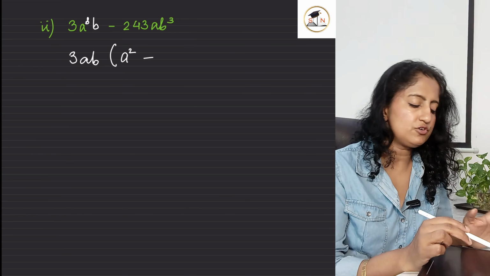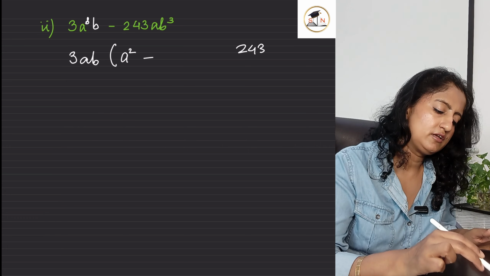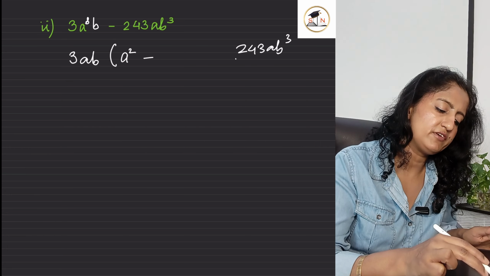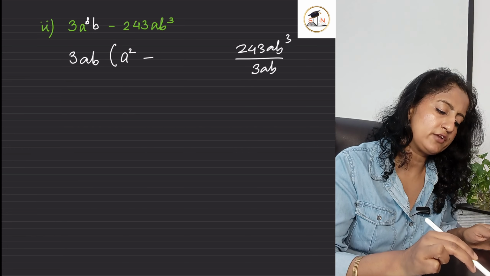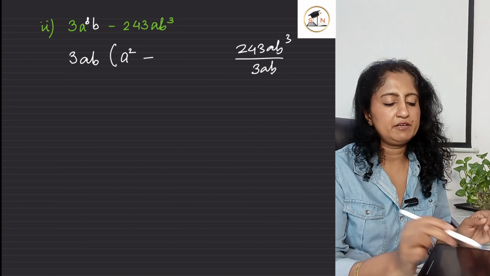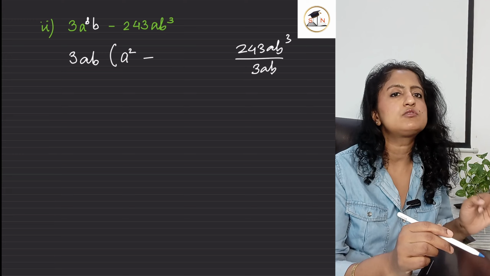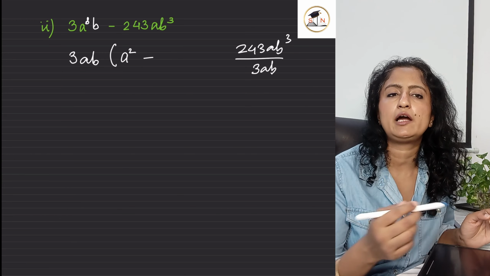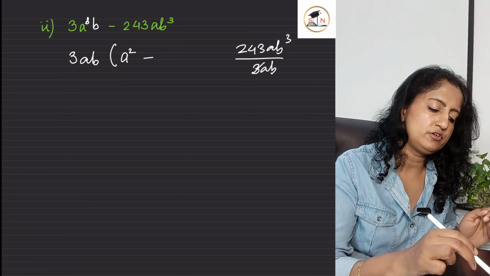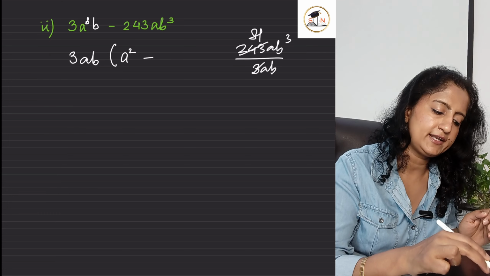Now, when you divide 243ab cube by 3ab, what are you left with? Because why am I dividing? Though we were taking out common, taking out common elements is nothing but a kind of division. And when you divide 243 by 3, you get 81.